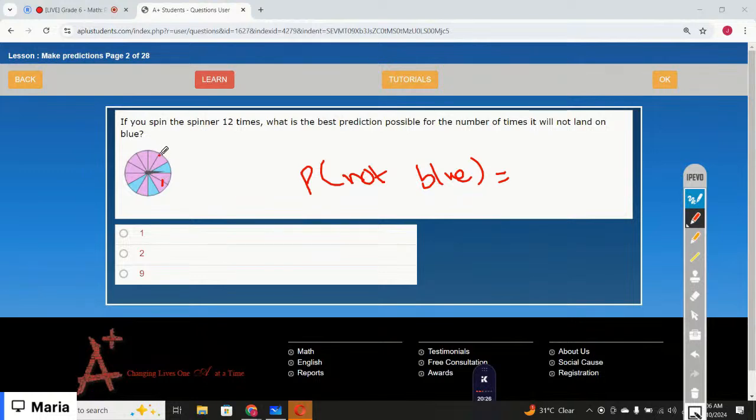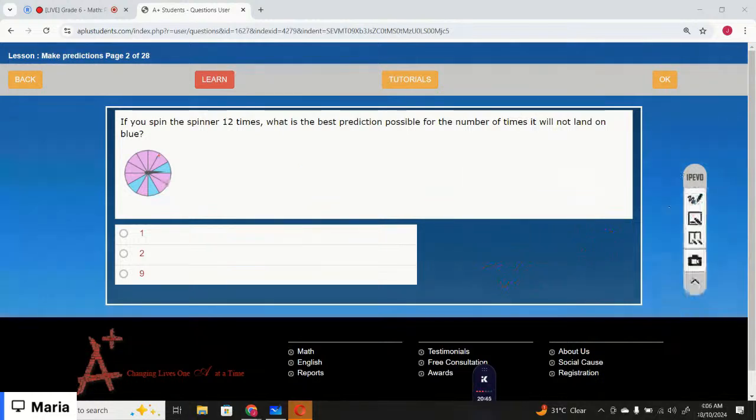That is, I think, 9. 1, 2, 3, 7, 8, 9. Yes, that is 9 out of 12. So you spin the spinner 12 times. So 9 by 12 times 12. 12 and 12 cancel out, you are left with 9. Very good. Option 3 is the correct option. That is 9.